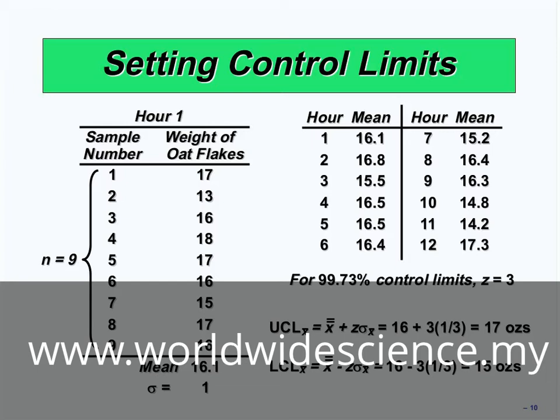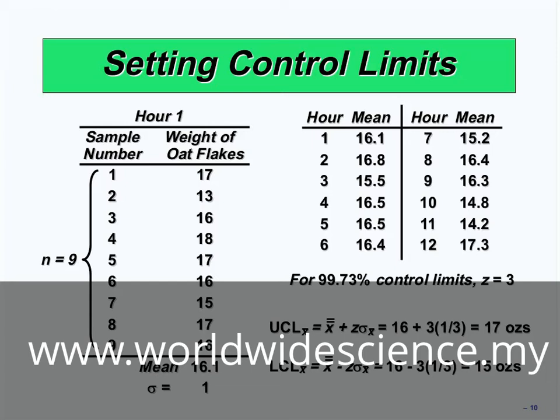UCL, or upper control limit, that is very important for the X bar chart, can be calculated now. UCL was X bar bar plus Z sigma X bar. If you remember, I told you there is a formula for sigma X bar. It's sigma divided by radical n. N is sample size. Here the sample size is 9 because operation managers select 9 cups.